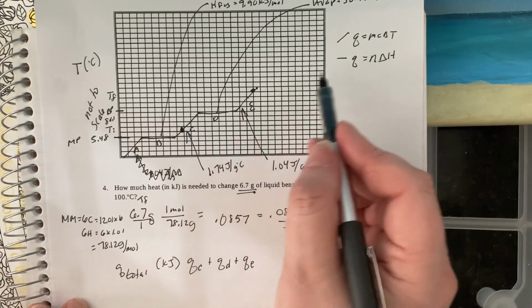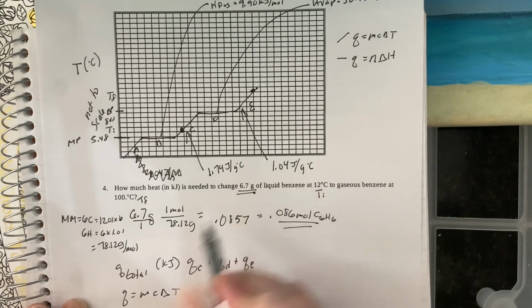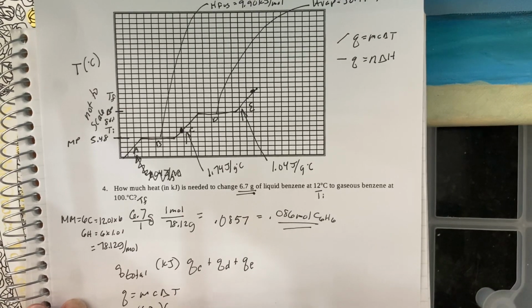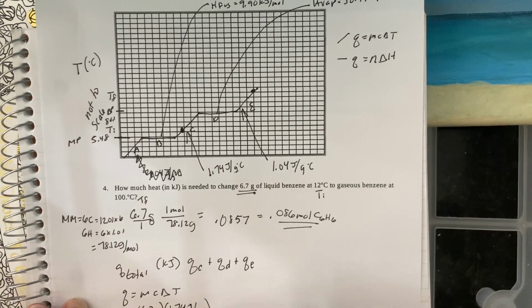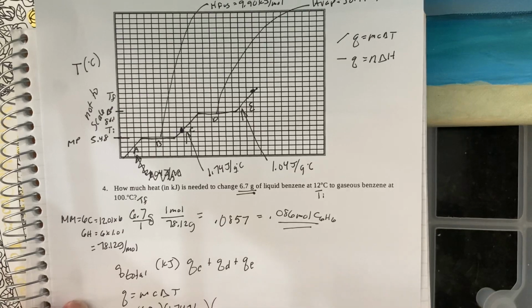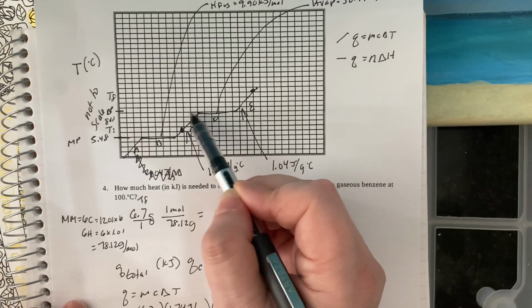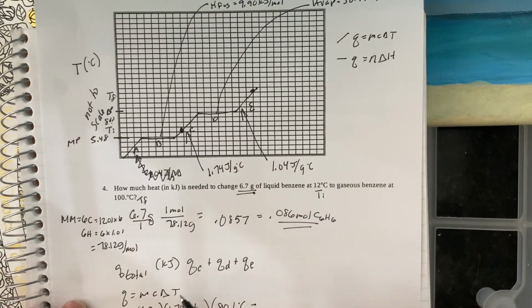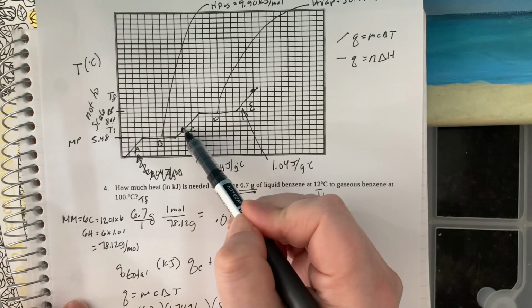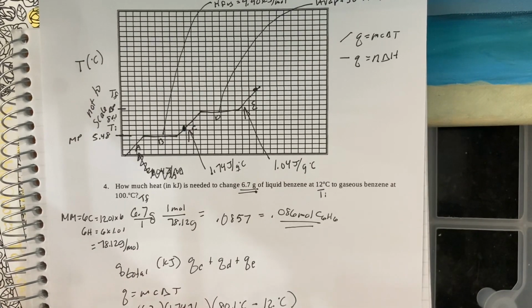QC on the diagonal, MC delta T. Okay, 6.7 grams. What's the C for that one? Written right there, 1.74 joules per gram degrees C. Delta T, temperature final. What is the temperature final of just line segment C? Oh, it's at its boiling point, 80.1 degrees C, minus its temperature initial, where we started, 12 degrees C. All right, so what is that Q?